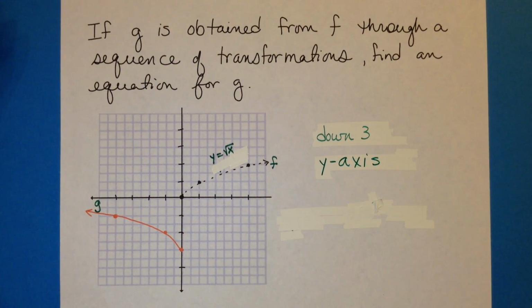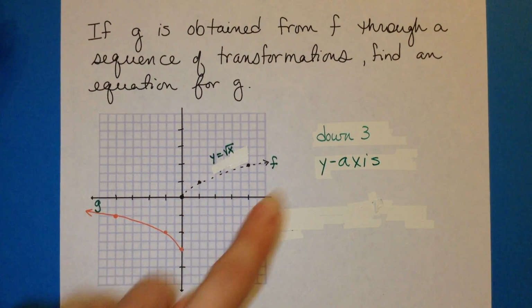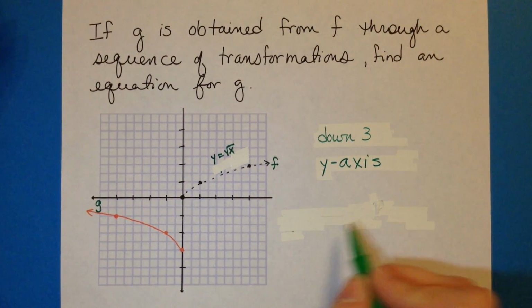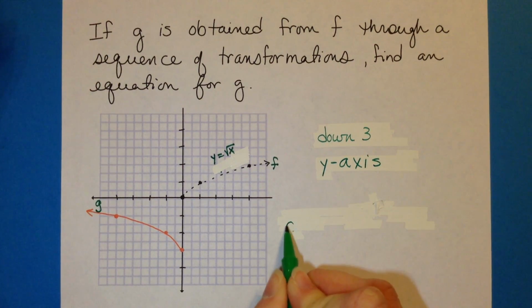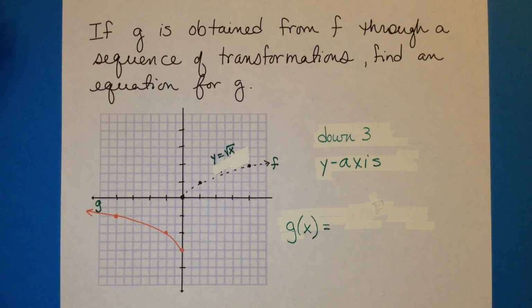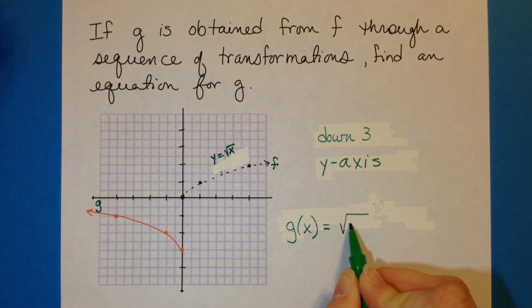Now you've got to write your equation, of course using square root because that's your function, but showing that it has these 2 transformations. So of course they're wanting you to call this g of x. Now a y-axis reflection means you're going to have to put in a negative, but it's going to have to be in the function.